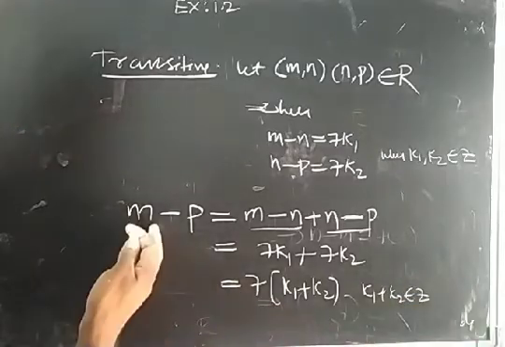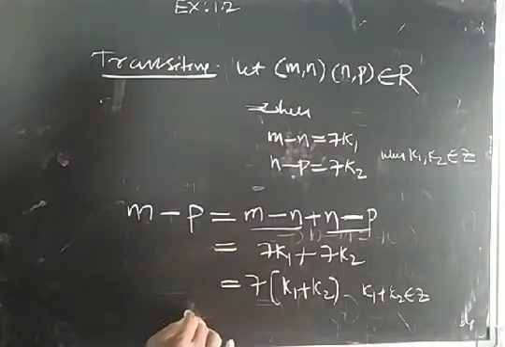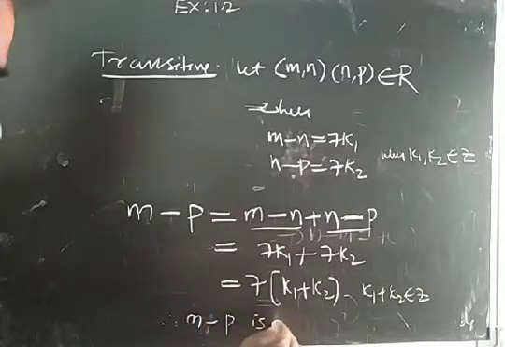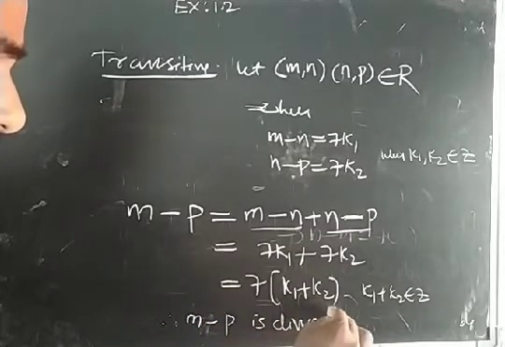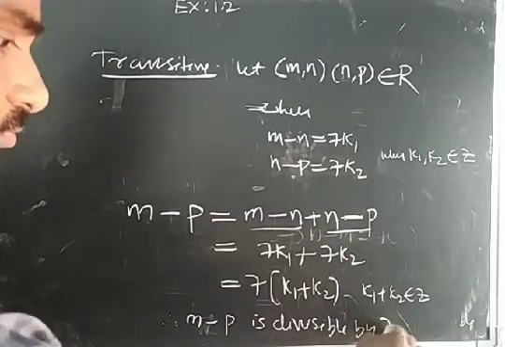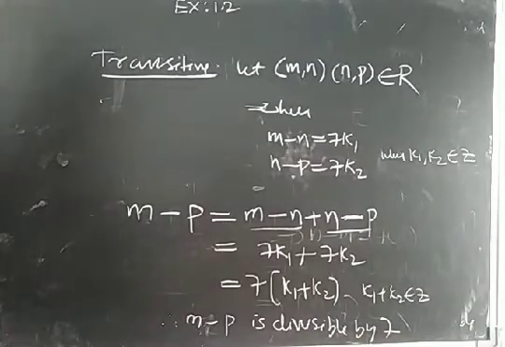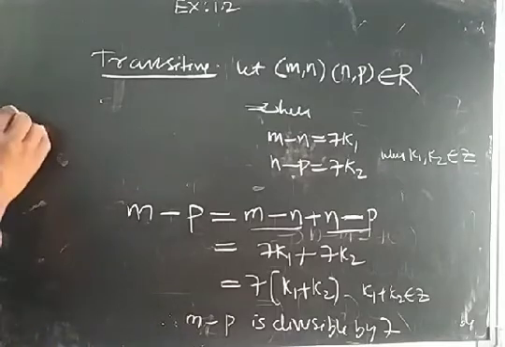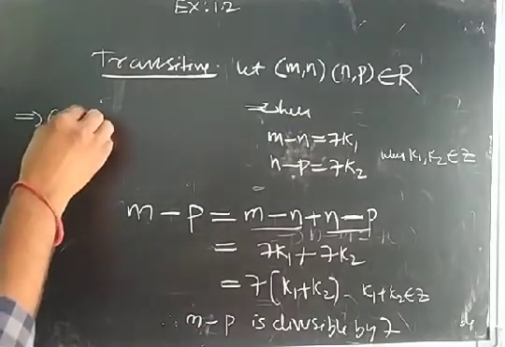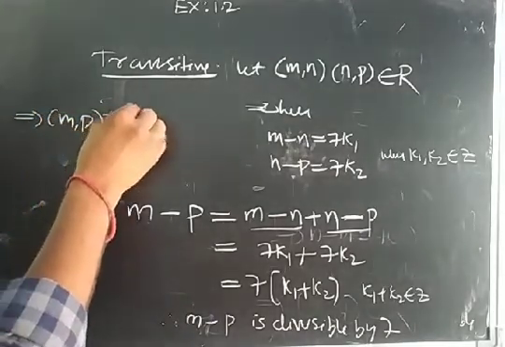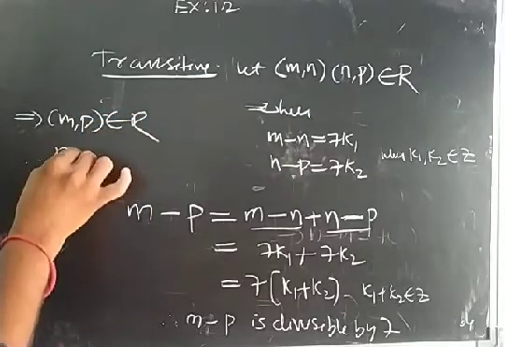So it is a 7 multiple. m minus p is a 7 multiple. Therefore we can write m minus p is divisible by 7. So therefore we can write (m, p) also belongs to R. Therefore R is transitive.